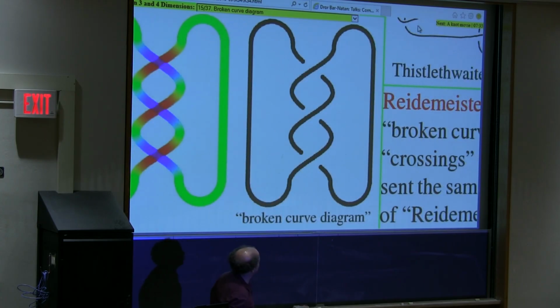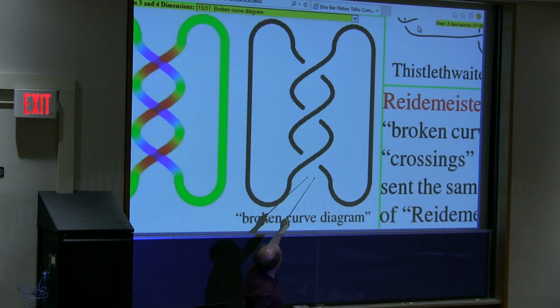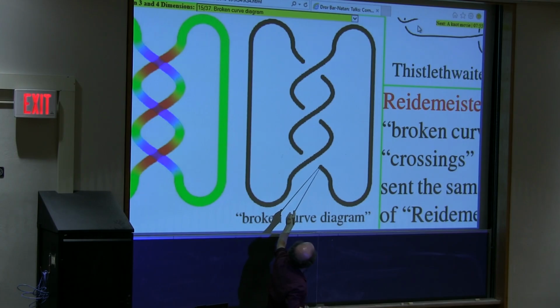And in fact, for knots, there is yet another type of way to convey the information, and it's called a broken curve diagram. So I draw the curve of the projection, but I break it wherever something is over something else. So if you want, technically, I could say that in the third coordinate, the t coordinate, which is of course temperature, where there is a gap, it means that the thing went below.